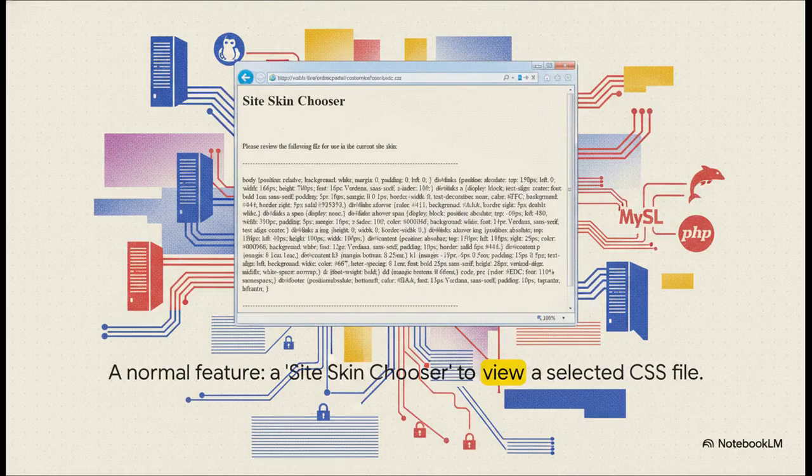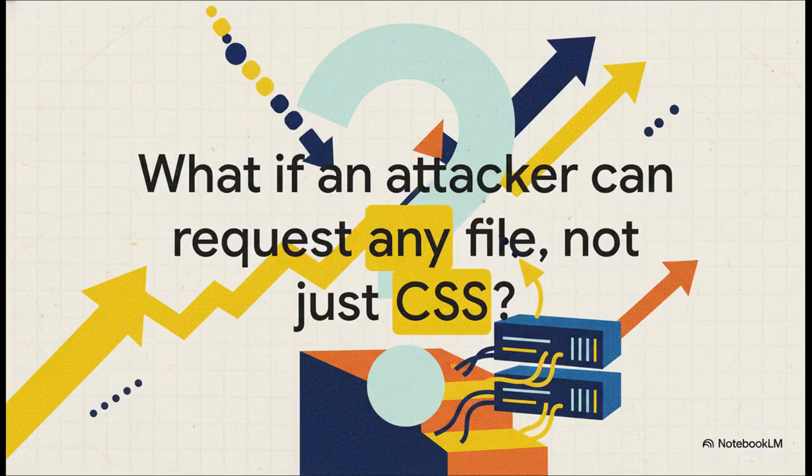Let's make this real with a concrete example of subverting tiers. Imagine a really common setup: a single server running Linux, Apache, MySQL, and PHP, what we call a LAMP stack. This application has a totally harmless-looking feature that lets a user choose a different skin or theme for the site, and all it does is show them the contents of the right CSS file. This is where a simple little bug known as a path traversal vulnerability becomes absolutely critical.